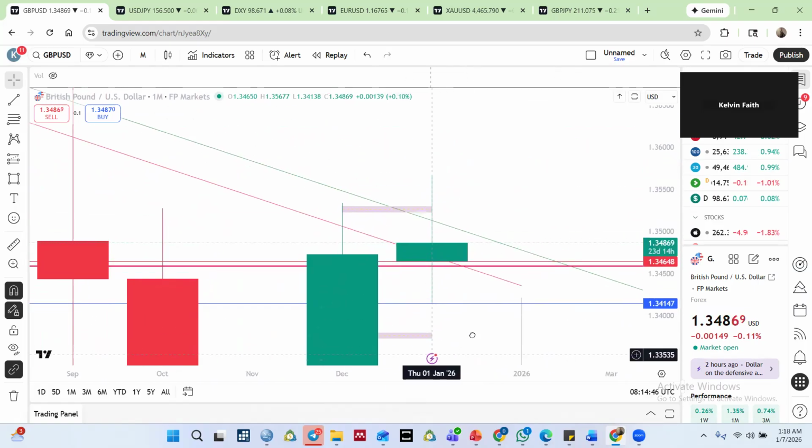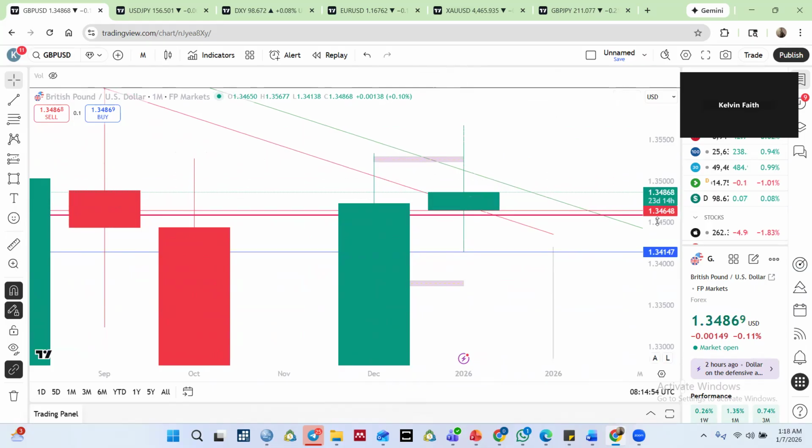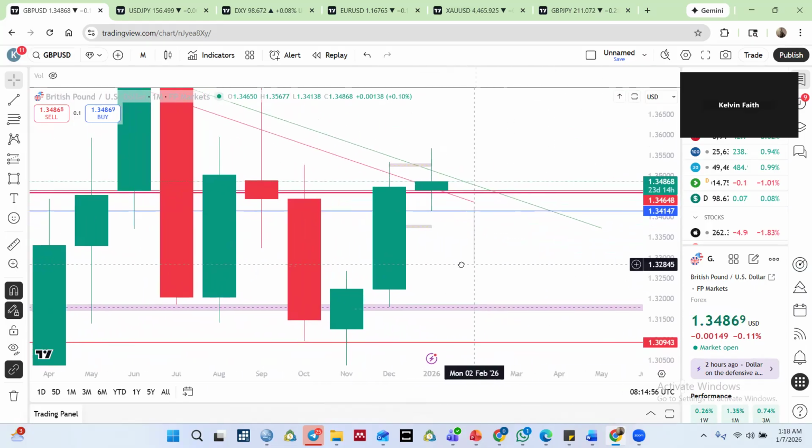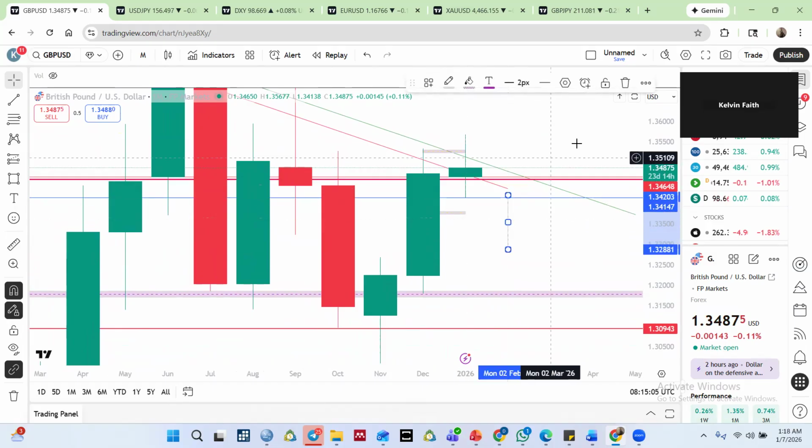Okay, so this monthly candle made a low here. This month it made a low here before trying to go up. So it looks like we are bullish from here, and we retested a little bit of here.